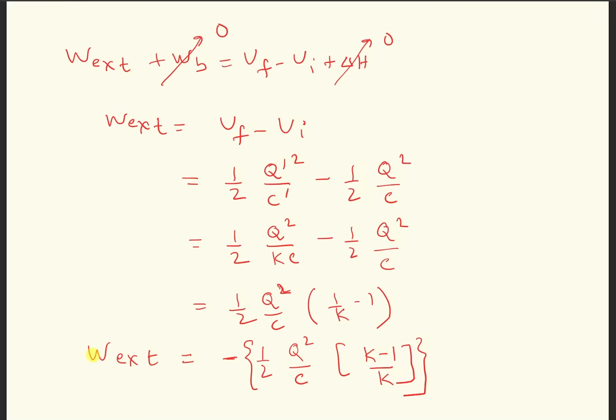Here also the work done by the external agent comes out to be negative. So this is important: whether the battery remains connected or the dielectric is placed after removing the battery, the work done by the external agent is always negative. So these are all the parameters we have discussed. I hope this will be clear and you can solve problems based on this concept. Okay, enjoy.